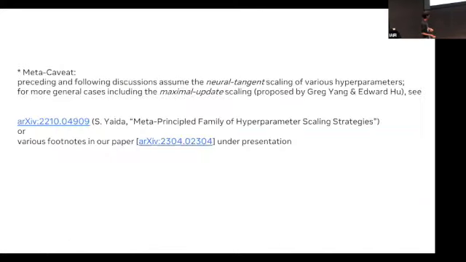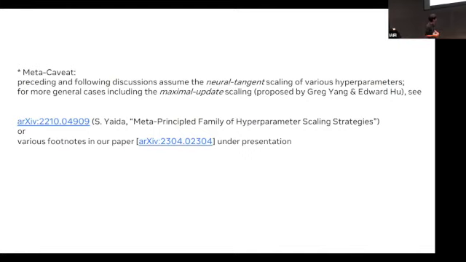And one more caveat is that what I've described in the previous slide assumes what's called the neural tangent scaling strategy. There are different ways of scaling up the hyperparameters for large networks that have been proposed, and the most famous one in addition to the neural tangent kernel is the maximal update or mean field scaling strategy.